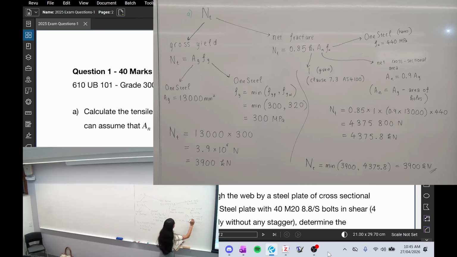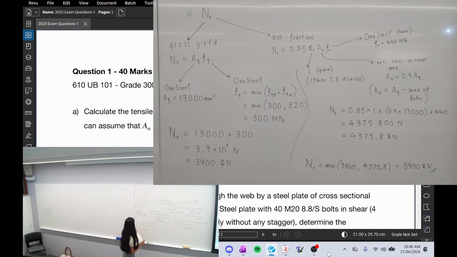And finally, times your F subscript U. And when you put that all in the calculator, you should get this much. And if we convert it to newtons, that'll be 4,375.8 kilonewtons. Any questions on that one?